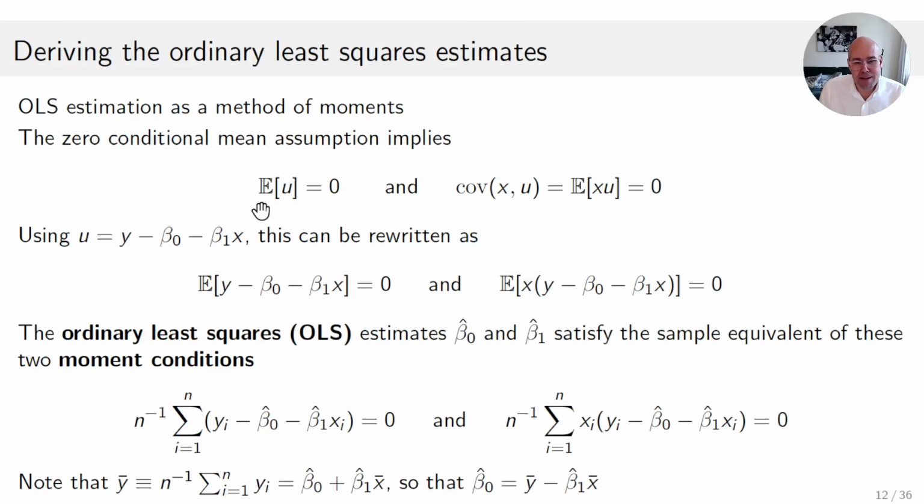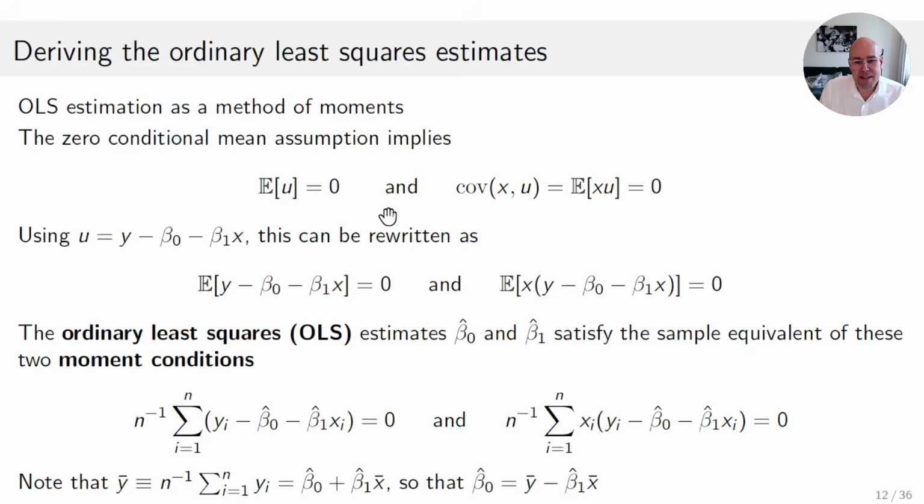First of all, if we state this assumption as the expectation of u given x is equal to 0, then it means that the expectation of u for each x is equal to 0, and therefore the expectation of u unconditionally is going to be equal to 0, and in that sense is implied.